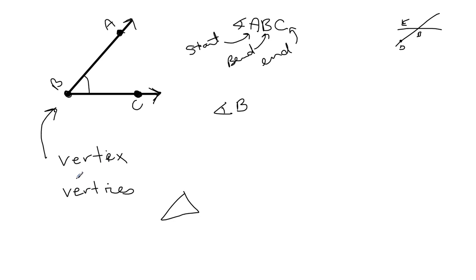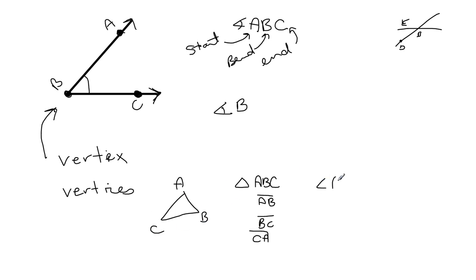When it comes to talking about triangles themselves, because you'll also be doing that on this page, if you think all the way back, this is triangle ABC. It's made up of line segments AB, BC, and CA, but it also is made up of three angles.